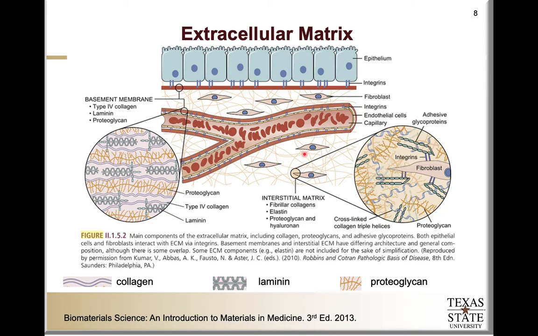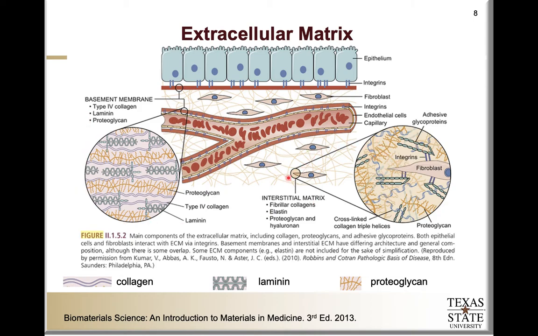Then we have the other extracellular matrix, which is everything that we have here in the normal connective tissue, and that's known as the interstitial extracellular matrix, which is the extracellular matrix in between cells. In both of these circles, they basically zoom in on the two main types of the extracellular matrix. Here we're looking at the basement membrane, which contains type 4 collagen, laminin, proteoglycans, among other molecules.